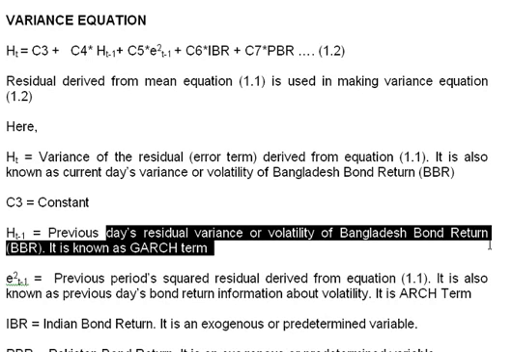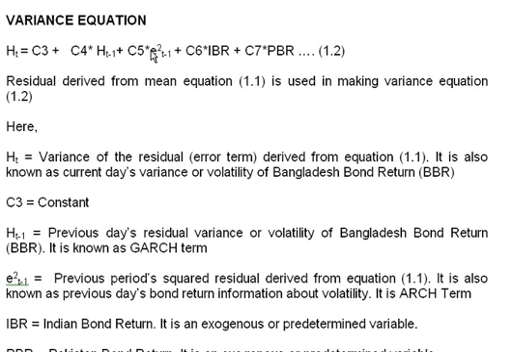That means this one is actually called the GARCH term, right? So what is happening here? HT is the current period volatility, and HT minus 1 is the previous day's volatility.